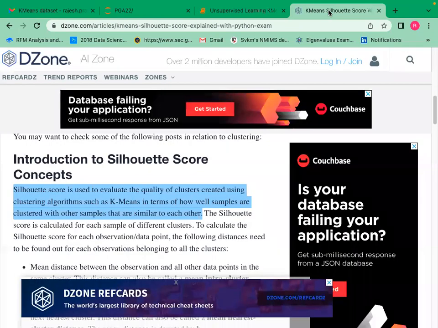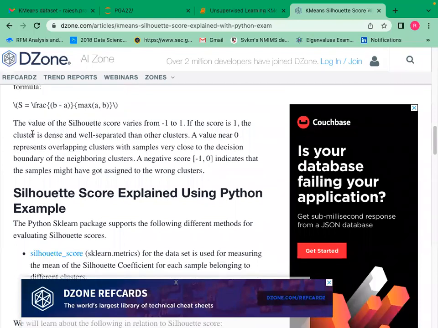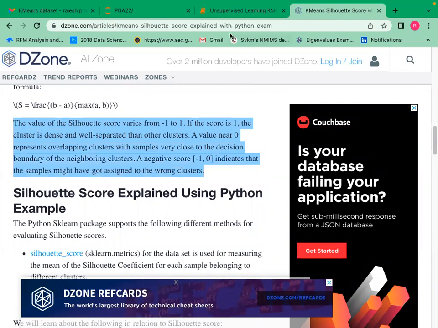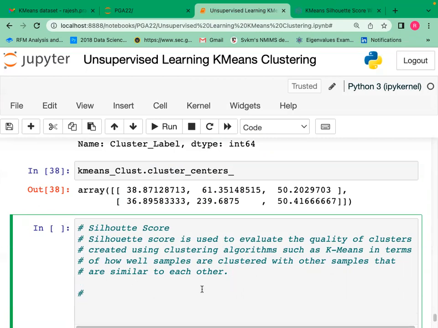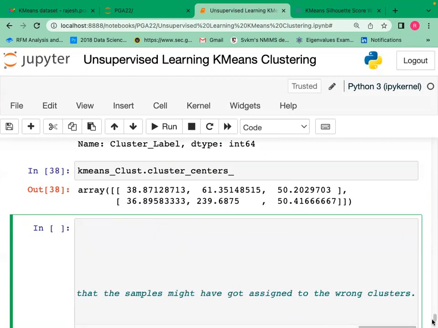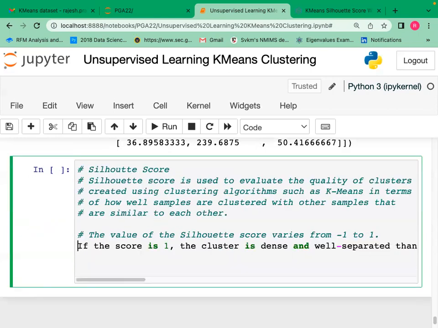Now, 1 second. Silhouette score. The value of the score lies between -1 to 1.